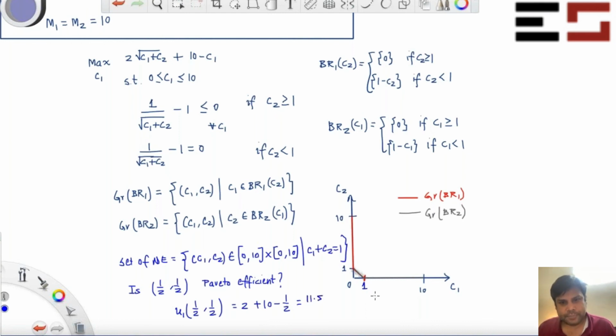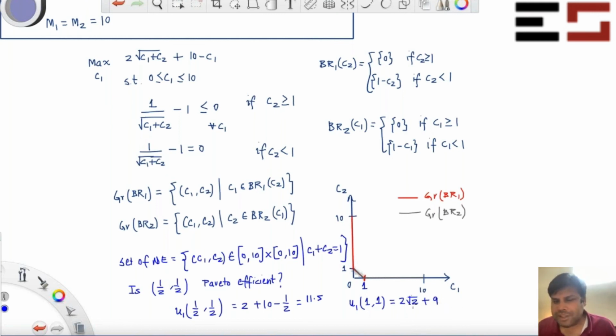Now what is U1 of 1,1? That's going to be 2 square root of 2 plus 10 minus 1, which is 9.